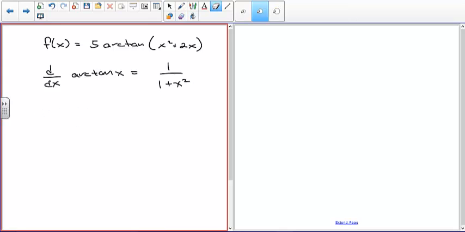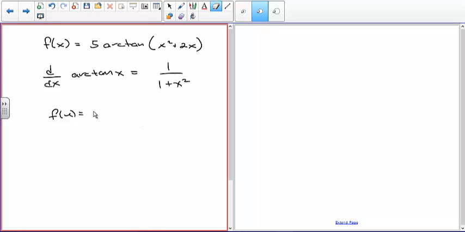Actually, we don't even need to use the chain rule. Do we have to use the chain rule? Yeah, we have to use the chain rule.